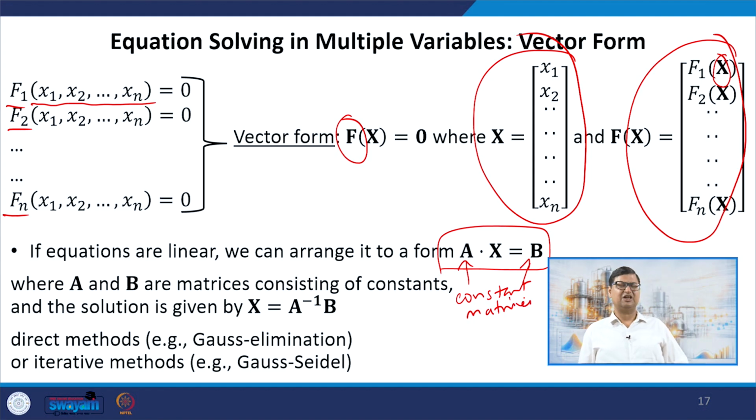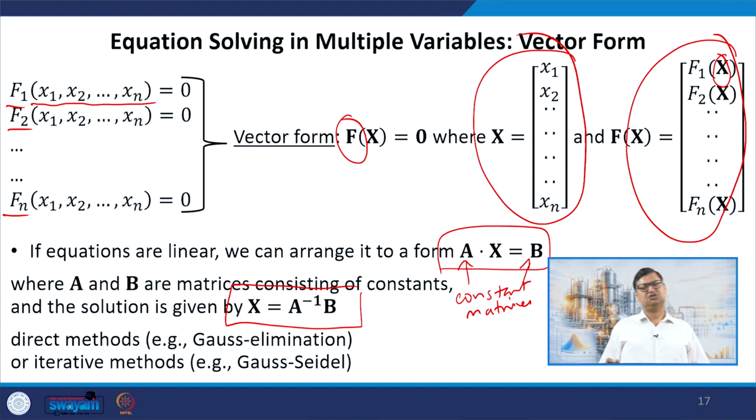Provided that the functions are all linear, we can write it in the form Ax equal to b, where A is a matrix containing only constants, and b is a vector containing only constants, right? And in that case, I can do simple matrix manipulation. I can write x equal to A inverse of b, and I have the solution of the equation, right?